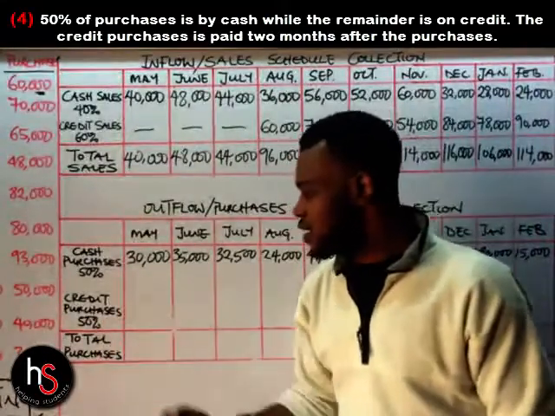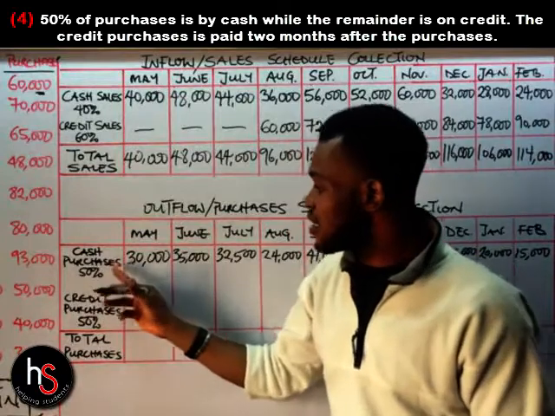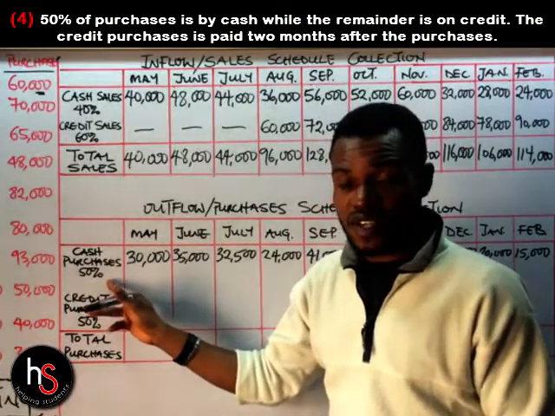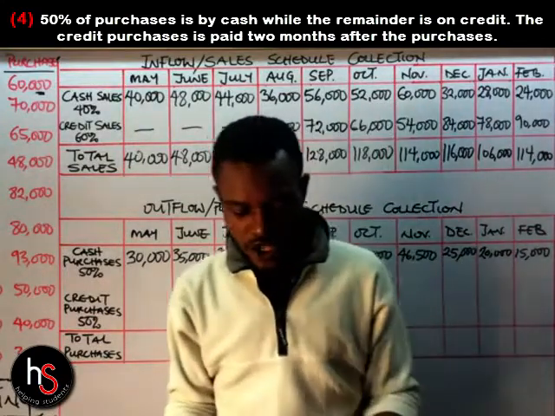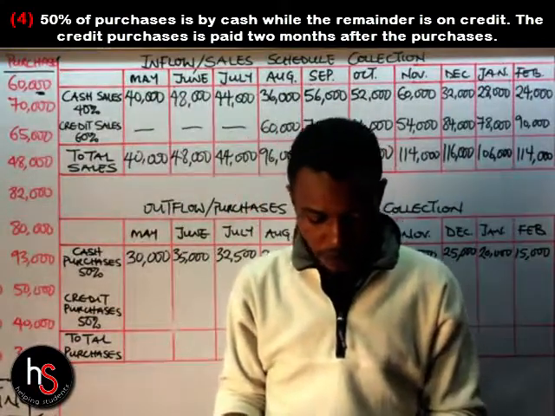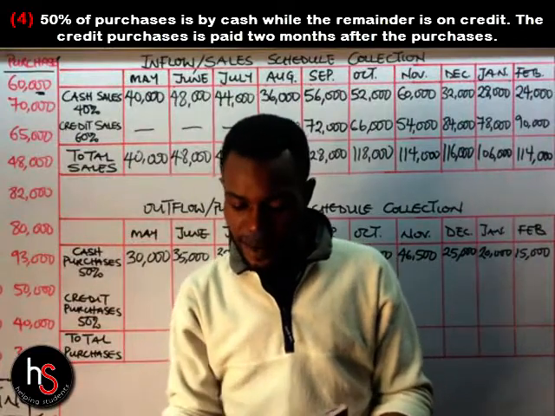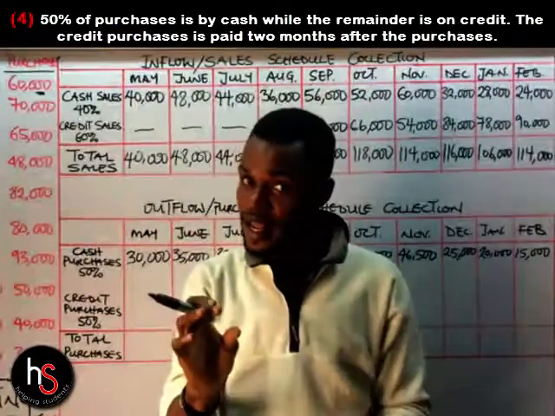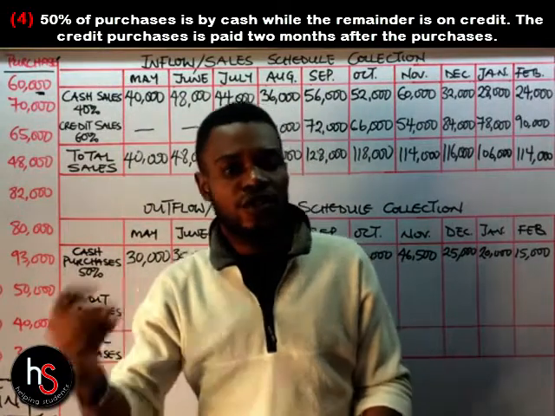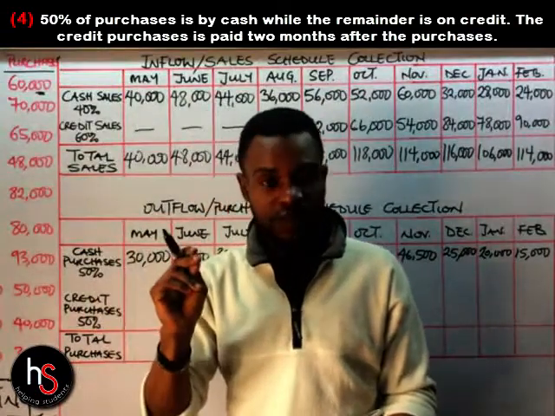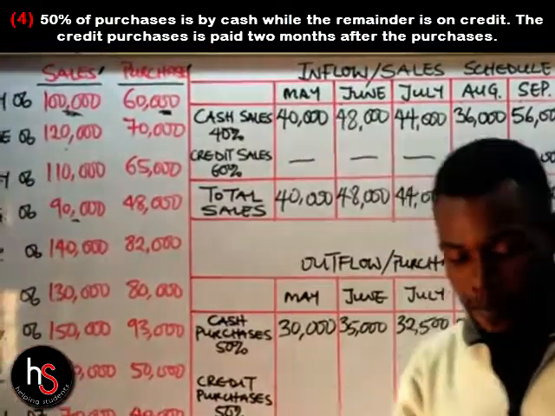So credit purchases. Now, if the cash purchases was 50%, it simply means that the credit purchases is 50%. Let us read on the question number 4. While the remainder is on credit, the remainder is 50%. The credit purchases is paid 2 months after purchases.